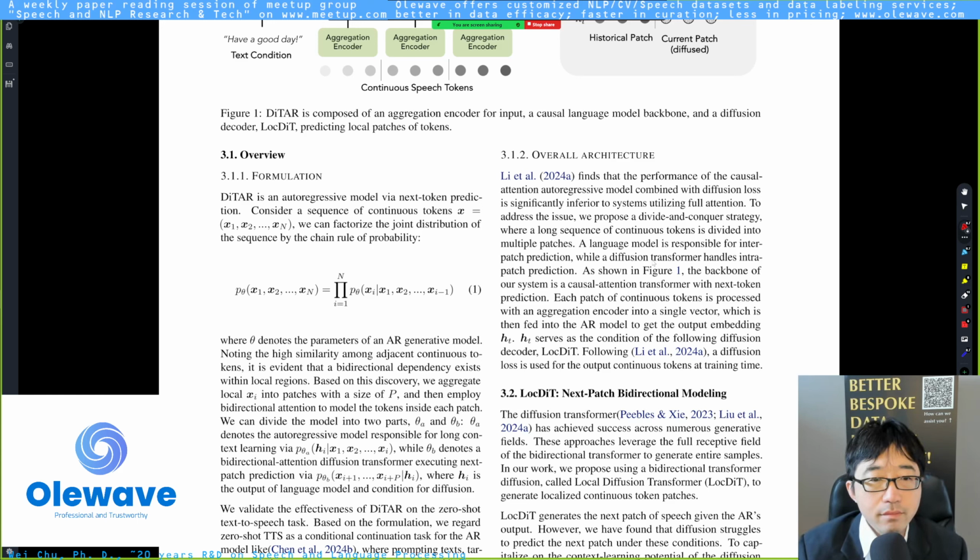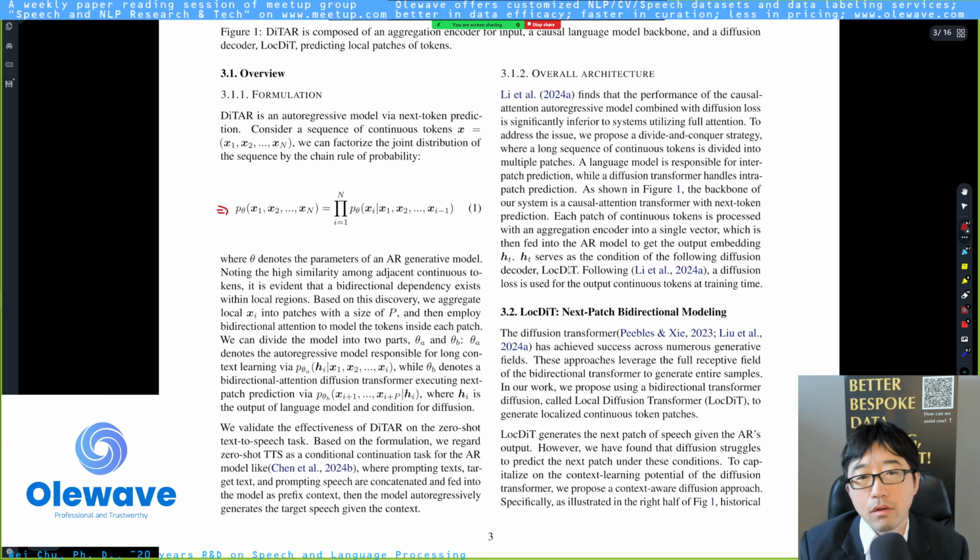Okay, it is autoregressive. See this equation. They can use the IID assumption to model the joint distribution as a multiplication of the conditional probabilities.